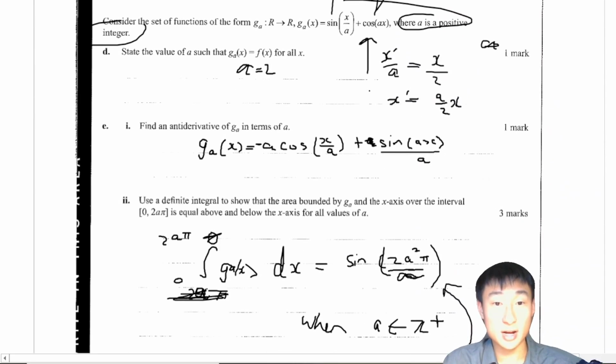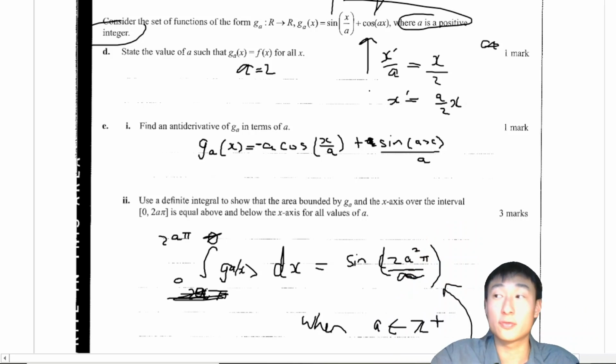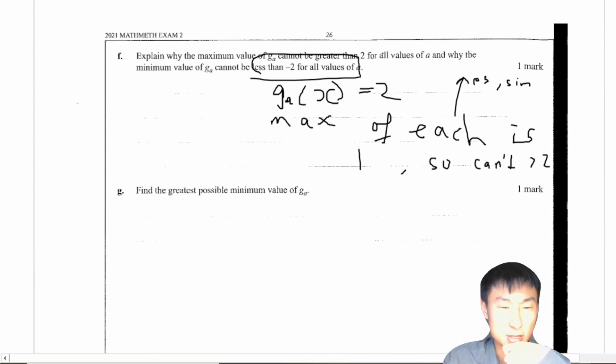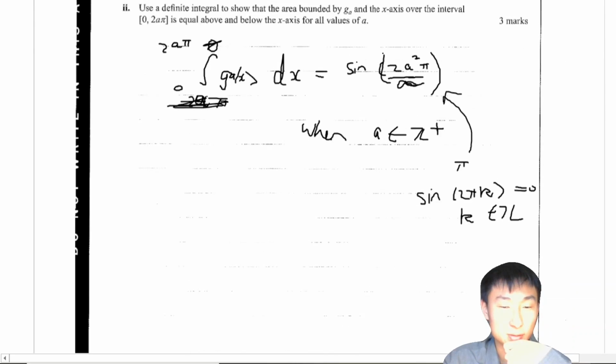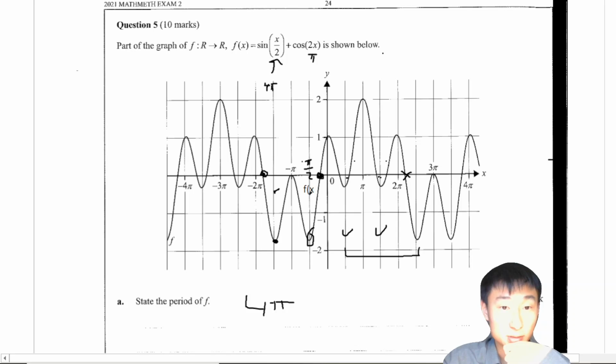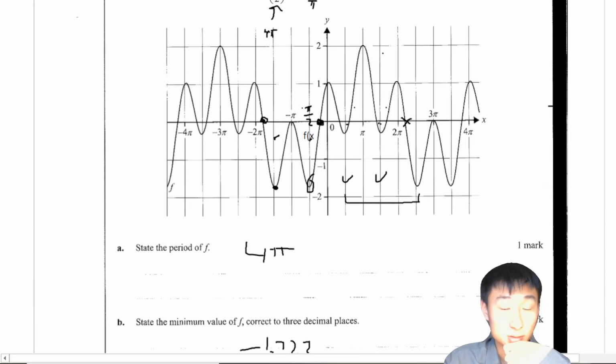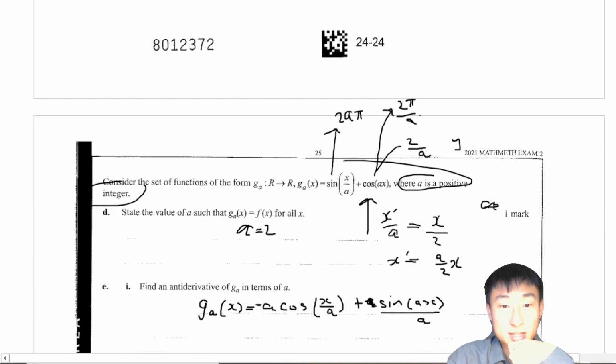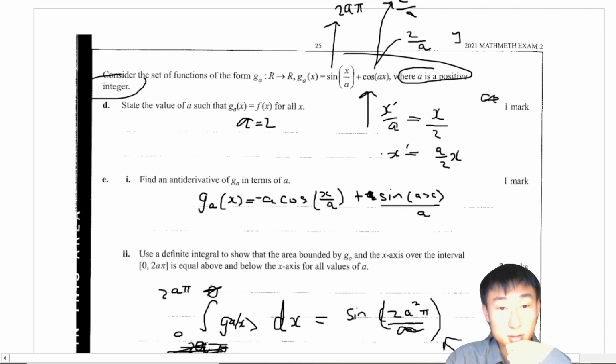You would just try and dilate as much as possible from the x-axis, but these are dilations from the y-axis. These A's are dilations from the y-axis, not the x-axis.